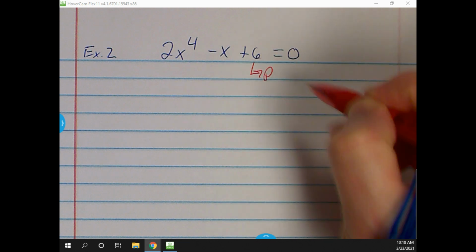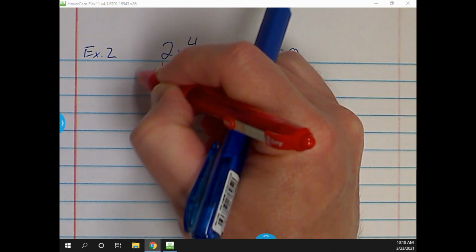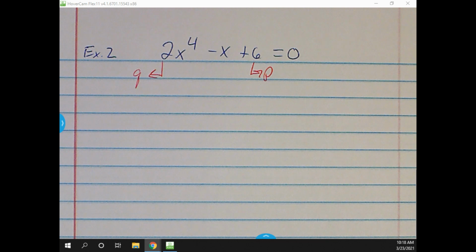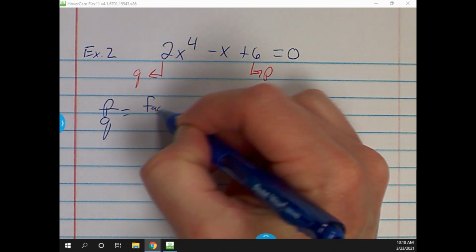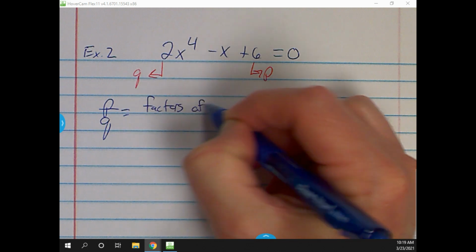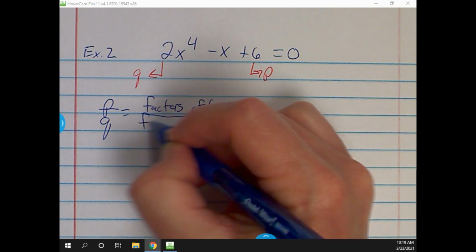The 6 is our P, and the Q is our 2. So if we do P over Q, that's the factors of 6 over the factors of 2.